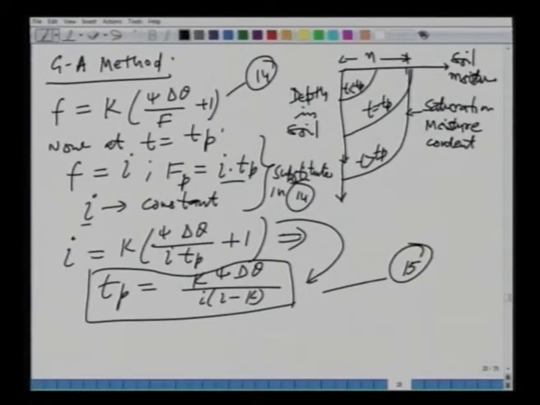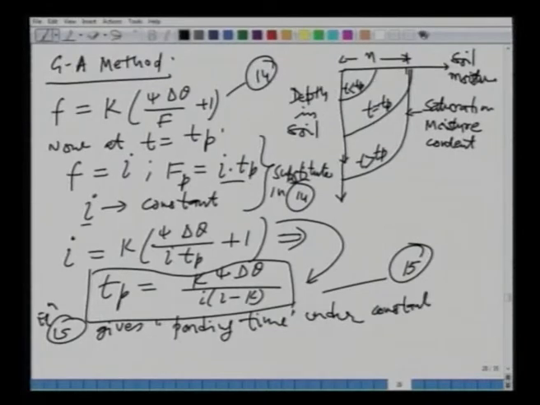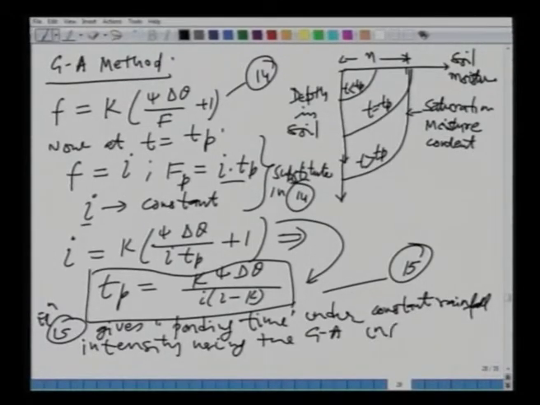So, this equation 15 gives the ponding time under constant rainfall intensity using the Green-Ampt infiltration equation.